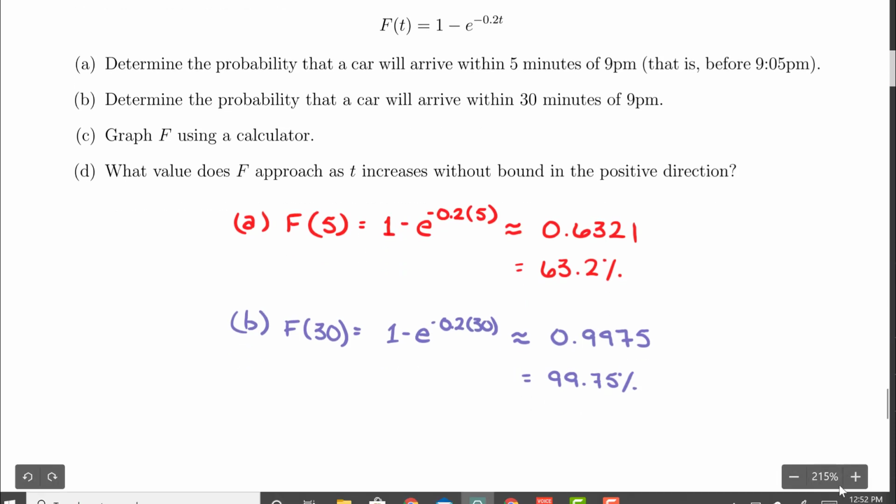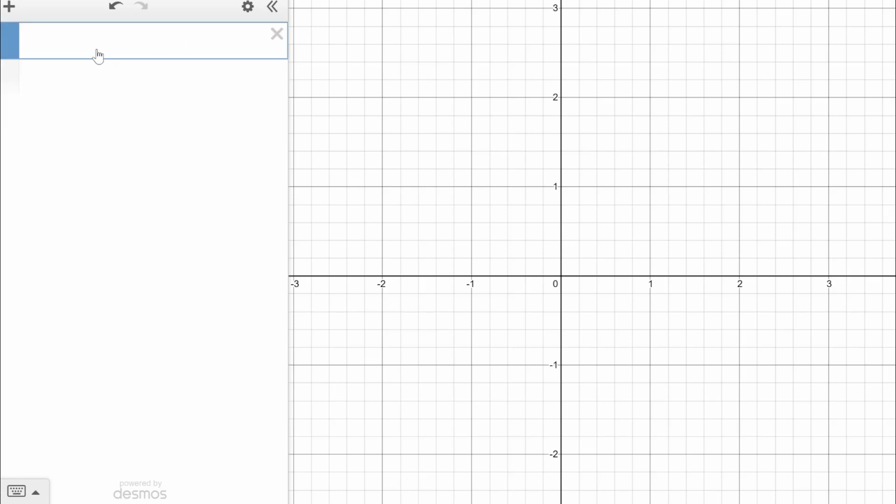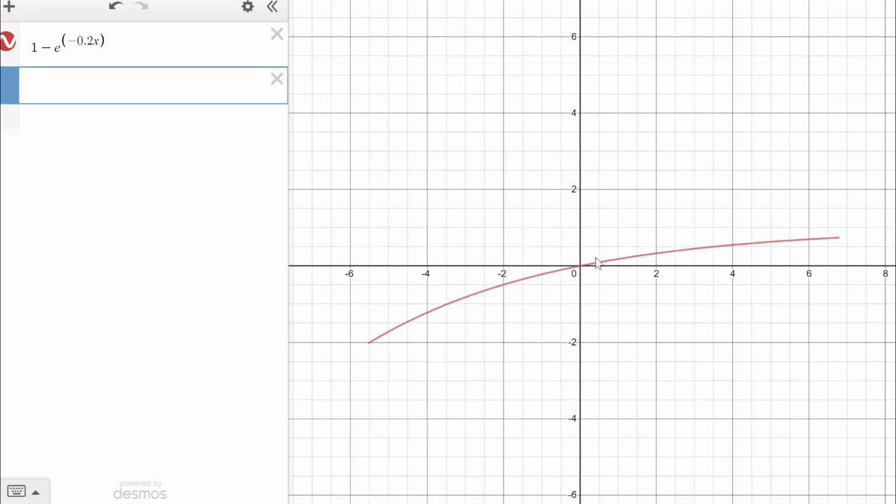Part C, we just want to graph the function. So I'm not going to sketch the graph on the notes here. I'm just going to go ahead and type this function in. 1 minus e to the negative 0.2x. Okay, and you can see here on the screen what our graph looks like, and we can keep zooming out.